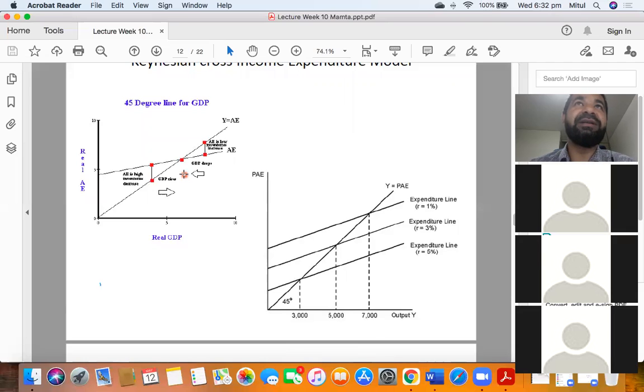So if you see that your inventory is going high, there are lots of goods, stock of goods, that means your GDP will be increasing. So if AE, aggregate expenditure, is high, inventories increase.